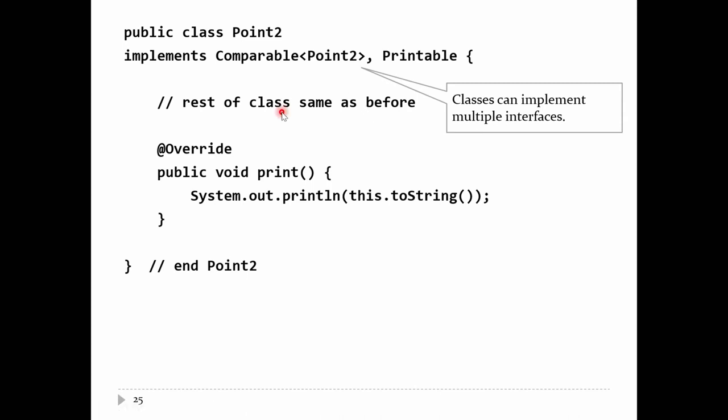Everything is the same as before, except now we must provide whatever method was in printable. So that method's called print. And now you can see why it's not super useful, because all you have to do to print something is just call system.out.println anyway. So there's no real point in calling print. You can just use system.out.print. But there is an example of a very simple interface.